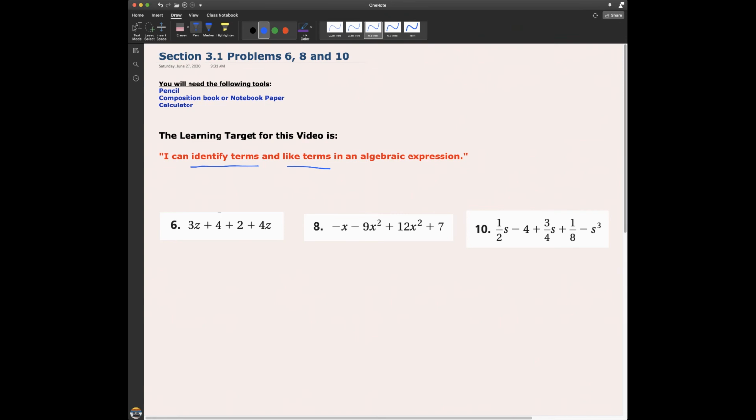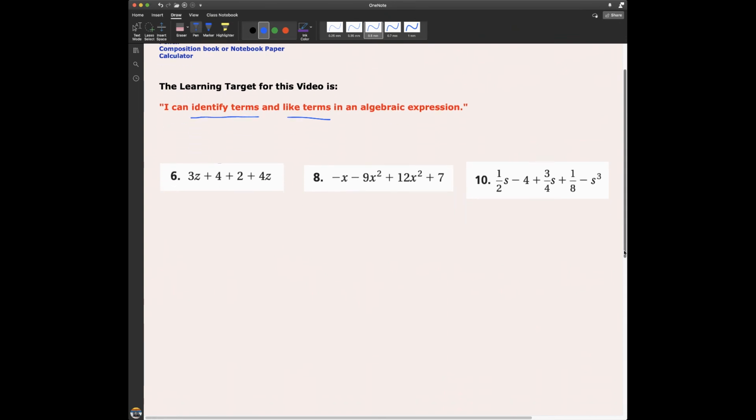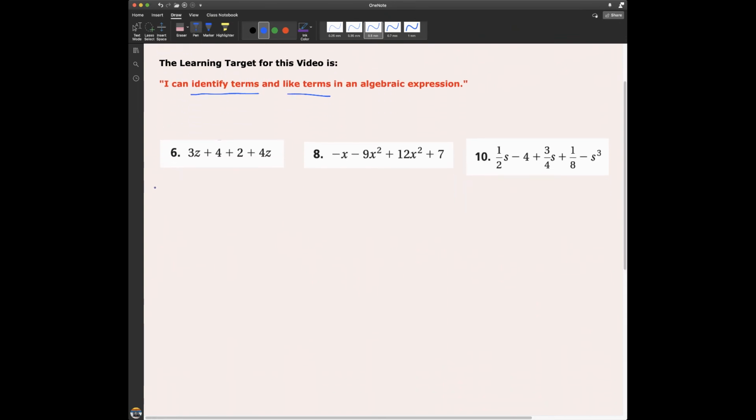All we have to do is just list these things. For each problem, we are going to find the terms first. What I like to do is just circle them or put a box around them.